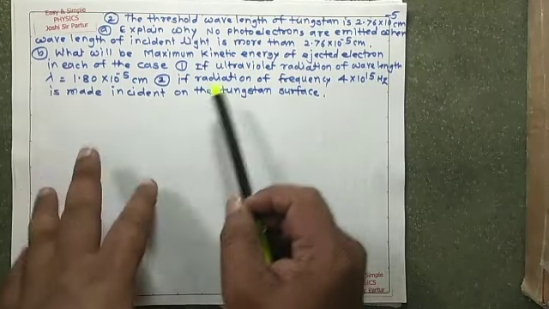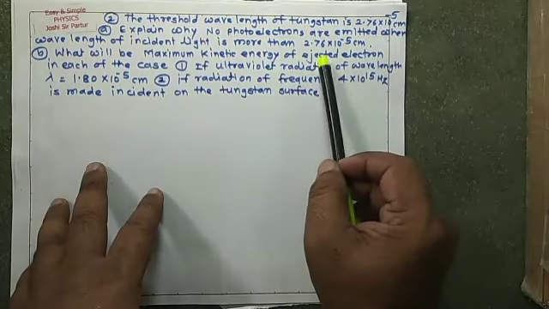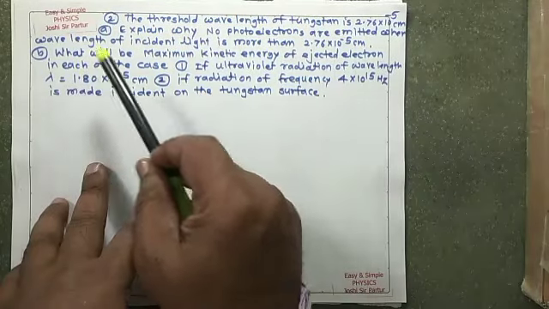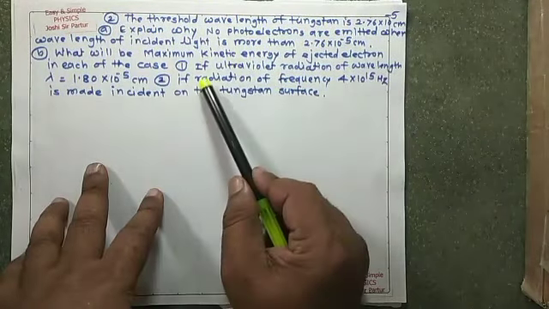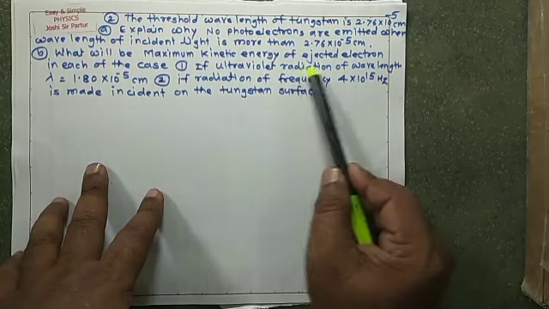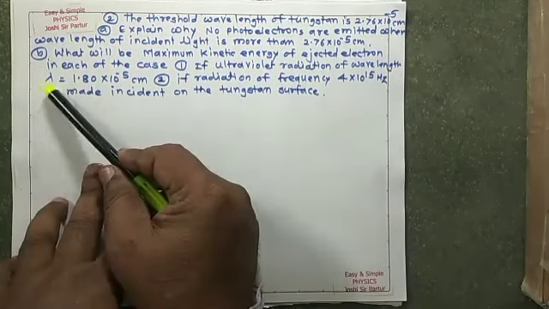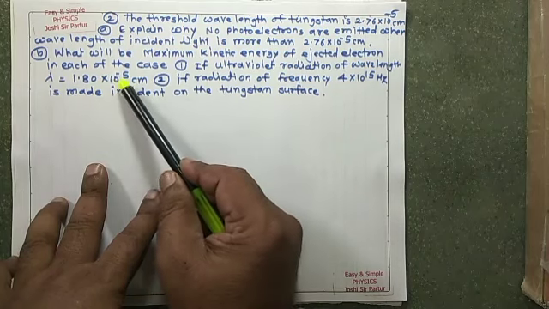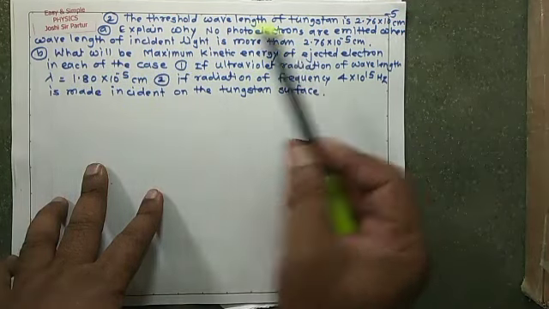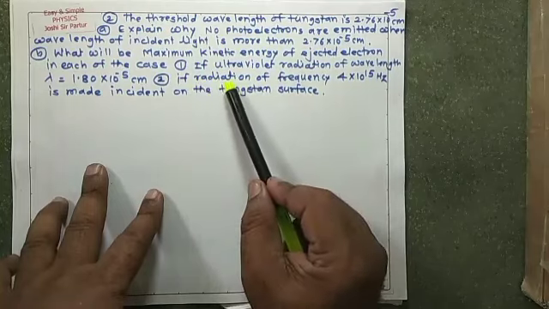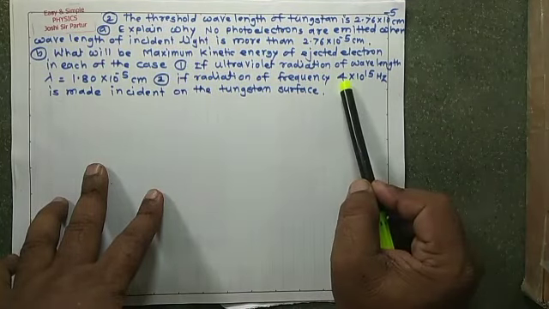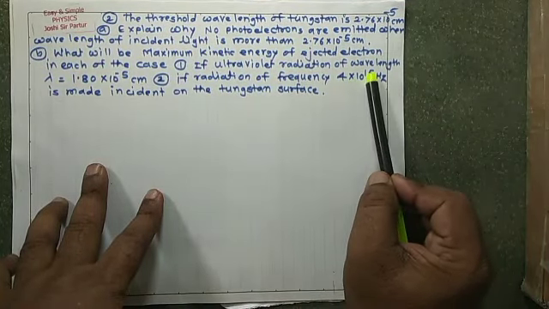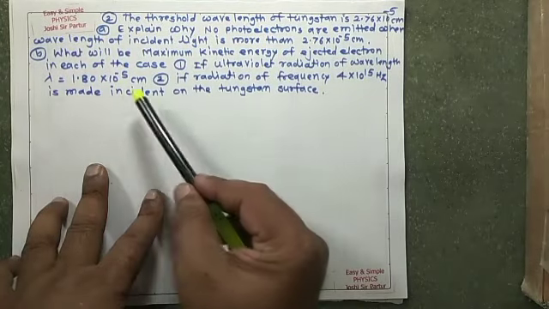What will be the maximum kinetic energy of the ejected electron in each case? Number 1, if ultraviolet radiation of wavelength lambda is equal to 1.80 into 10 to the power minus 5 centimeter. And number 2, if radiation of frequency 4 into 10 to the power 15 hertz is made incident on a tungsten surface.